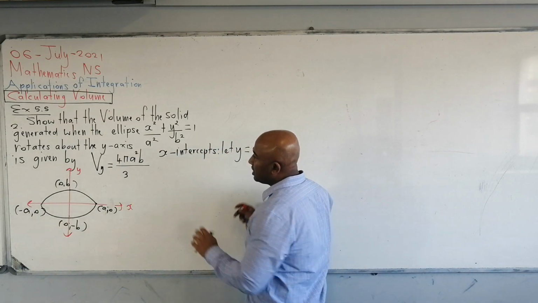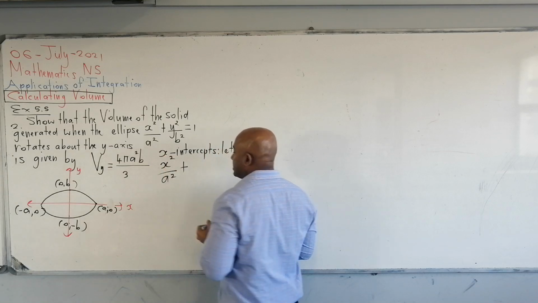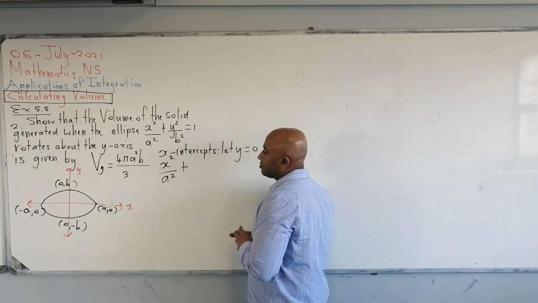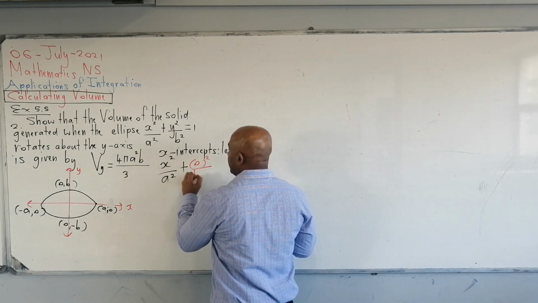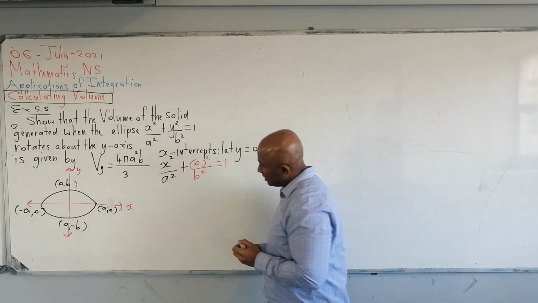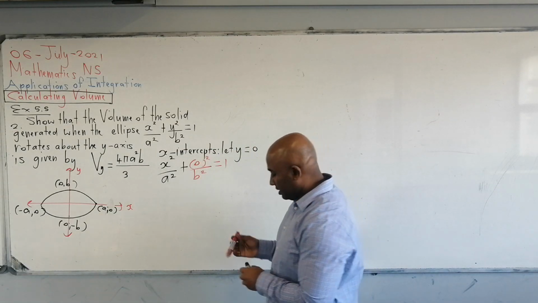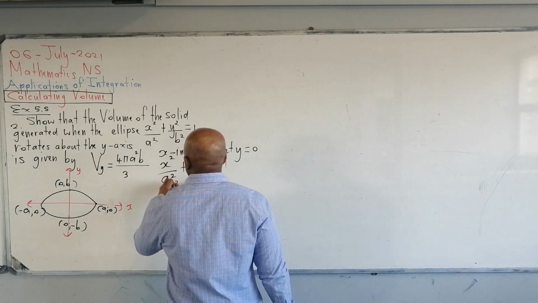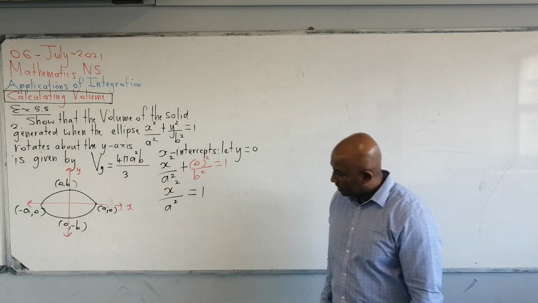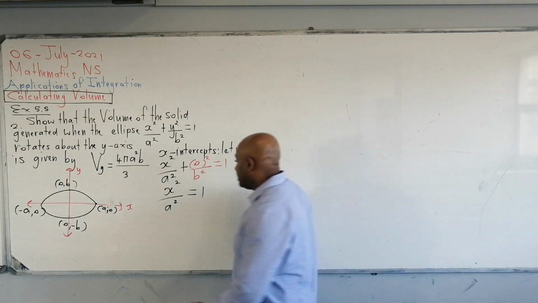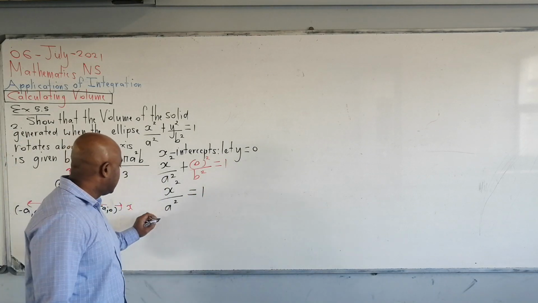So I go to the original equation, and then I'll go x squared over a squared plus, I'm replacing y with 0, so 0 squared over b squared is equal to 1. So 0 squared is 0. 0 divided by anything is 0. So then I have x squared over a squared is equal to 1. I need to solve for x. So I will multiply by a squared on both sides.